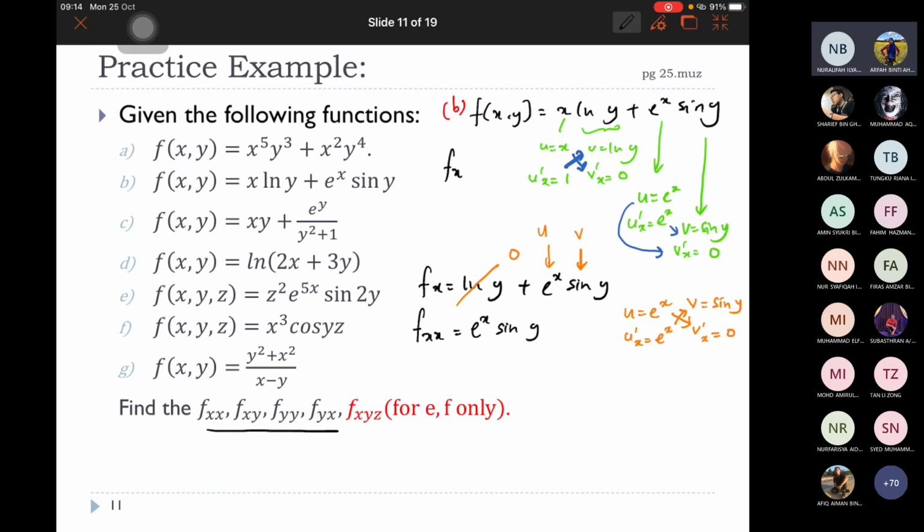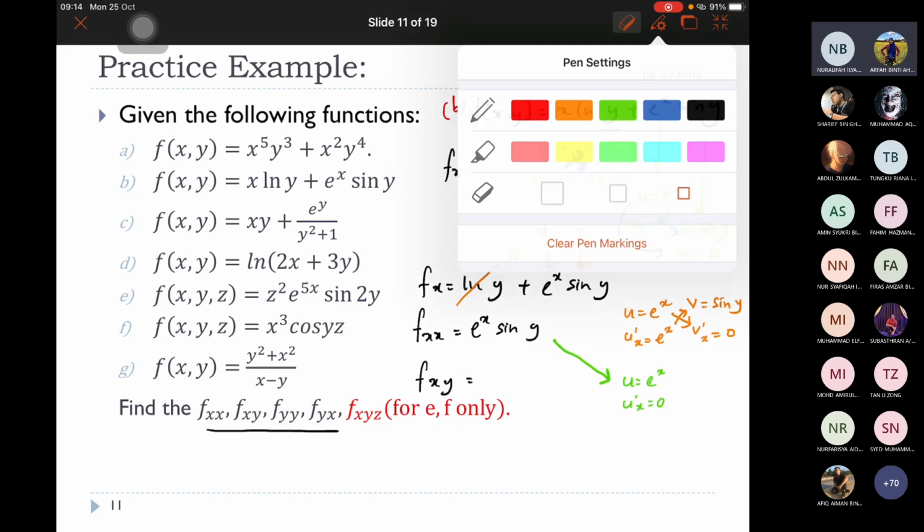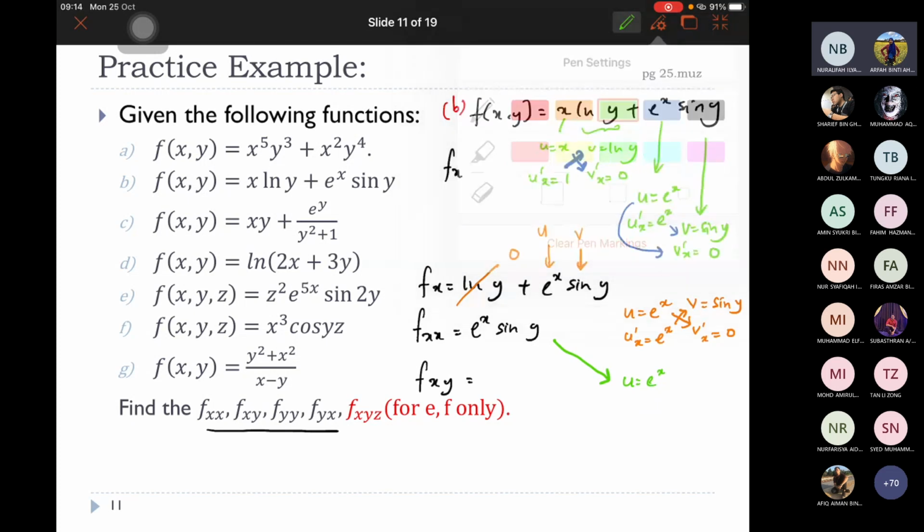Then dapatkan fxy. That means daripada equation ni, okay, dapatkan your u equal to exponential x, u prime y will be equal to 0. v equal to sin y, v prime y.